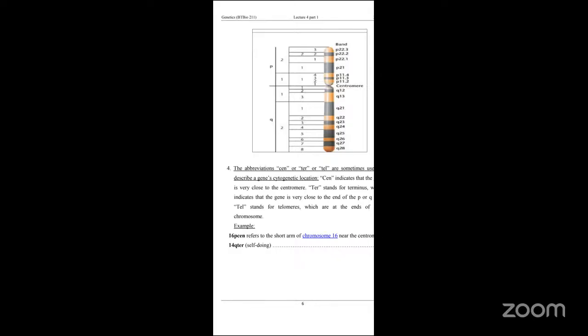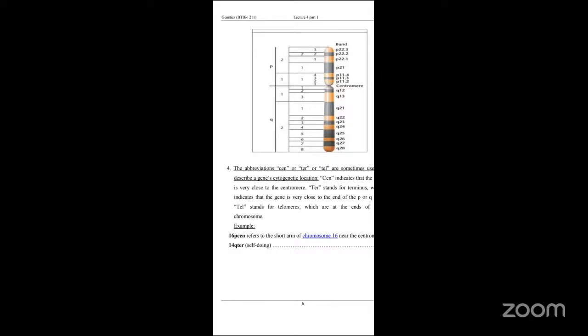So this is with reference to cytogenetic mapping. Now what is cytogenetic mapping? It is one type of gene mapping where, by using this mapping, you can locate the gene present on the chromosome. Here you have to follow certain rules.